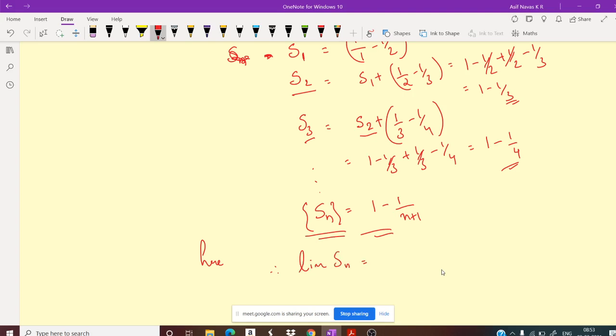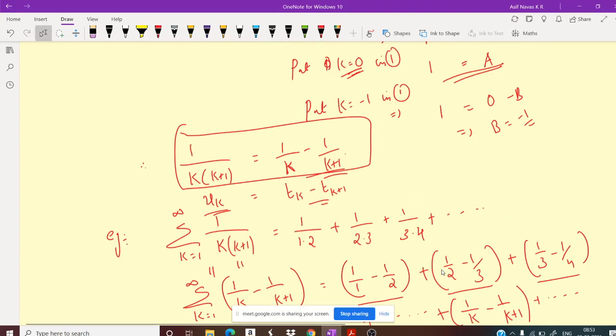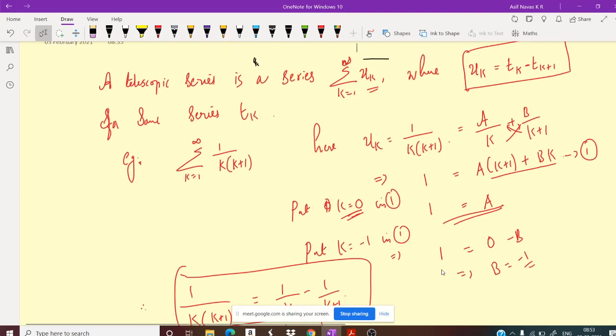The limit as n tends to infinity of 1 minus 1 by n plus 1 is equal to 1 minus the limit as n tends to infinity of 1 by n plus 1. So we can find the sum of the series when we have a telescopic series.